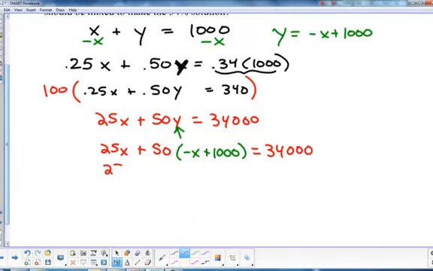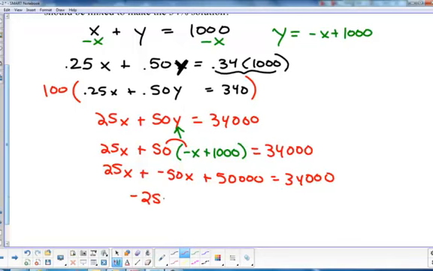All right, so 25 plus negative 50 plus 50,000 equals 34,000. So I have a negative 25x, putting my like terms together, subtracting 50,000. So my negative 25x will equal negative 16,000. And then if you divide by 25, you get 640.